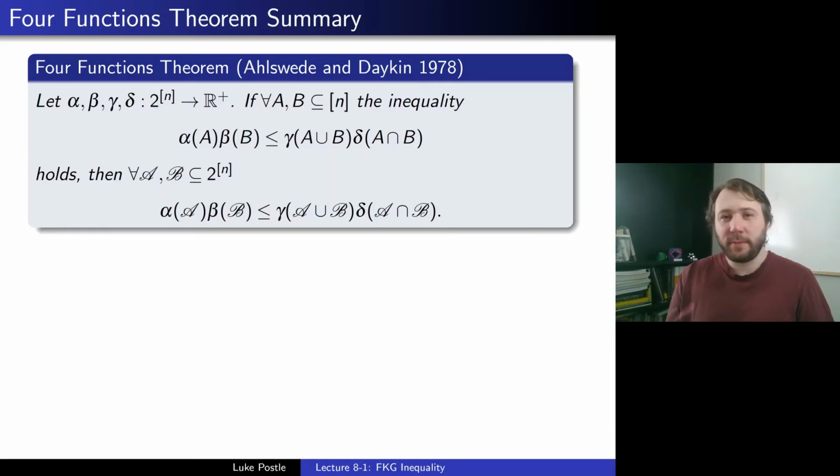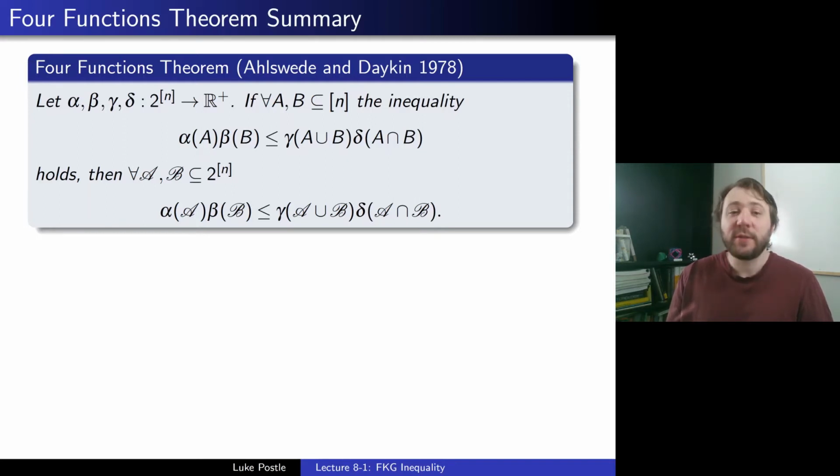So what is this? Well, let's remember from last time the Four Functions Theorem. The Four Functions Theorem of Ahlswede and Daykin from 1978 said that if we had four functions, alpha, beta, gamma, delta, from families of sets to the non-negative reals, and if for every A and B set, the inequality alpha(A) beta(B) was at most gamma of their union and delta of their intersection, then actually more generally for families of sets script A and script B, the same inequality holds where those are meant to be the sums.